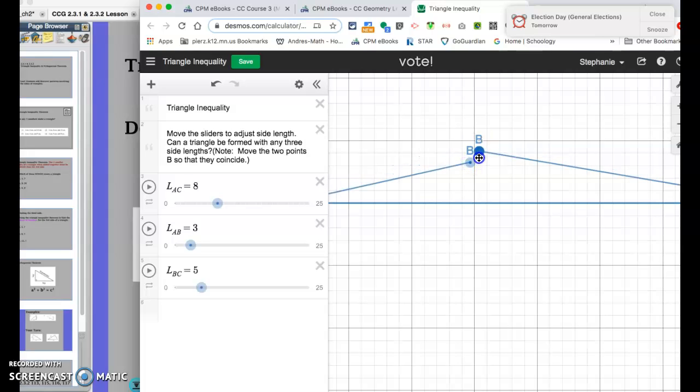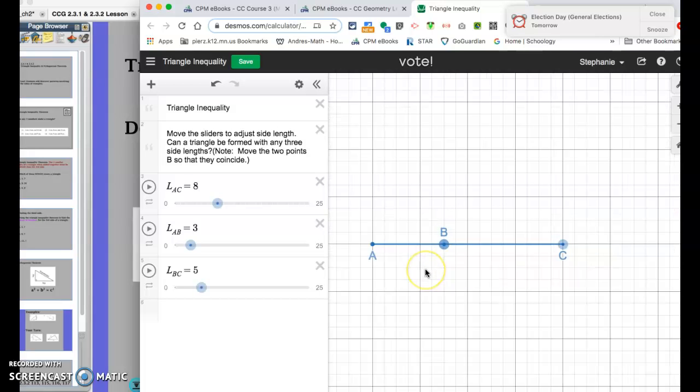Okay, and you'll notice that no matter what I do, they don't match until they're on the line. And that's no longer a triangle, right? A line is not a triangle. So 3, 5, and 8 don't work either to make a triangle.